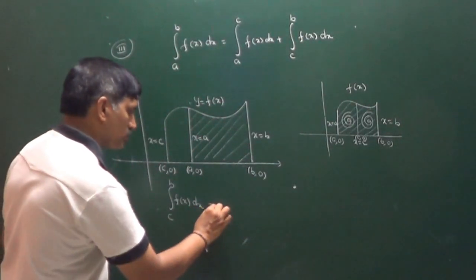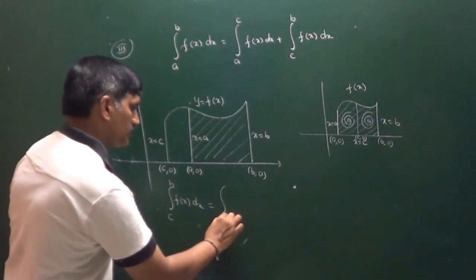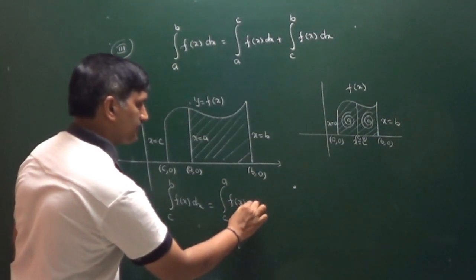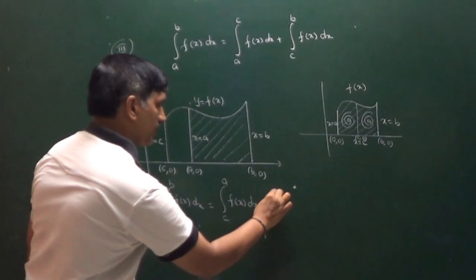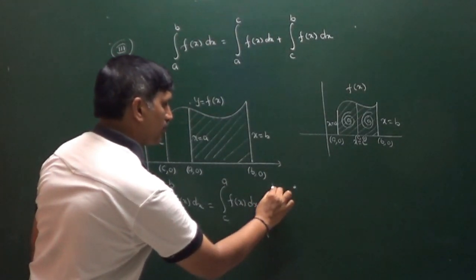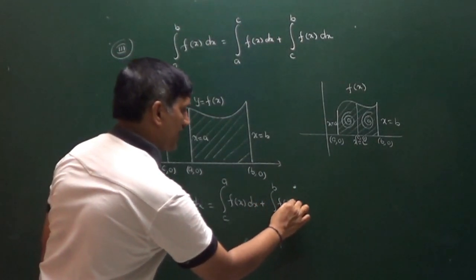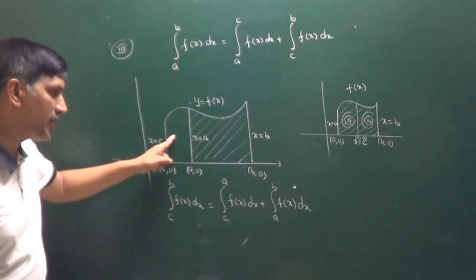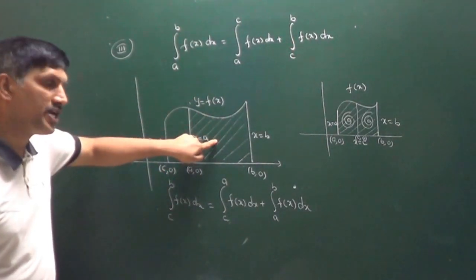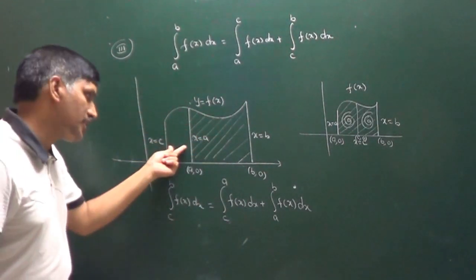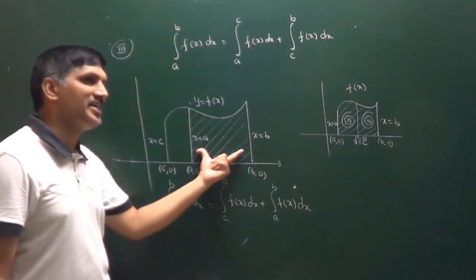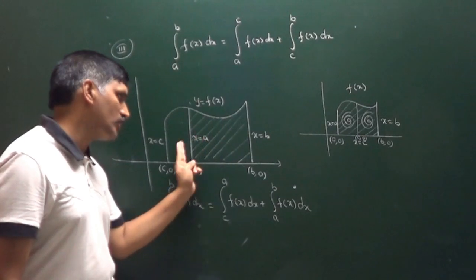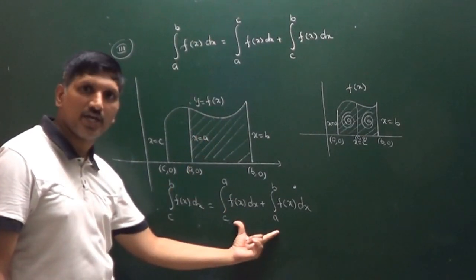That area is equal to integral c to a f of x dx plus integral a to b f of x dx. I hope everyone followed. This unshaded area plus shaded area is equal to unshaded area plus shaded area. This total area is equal to the sum of these two areas. That's what I have written here.